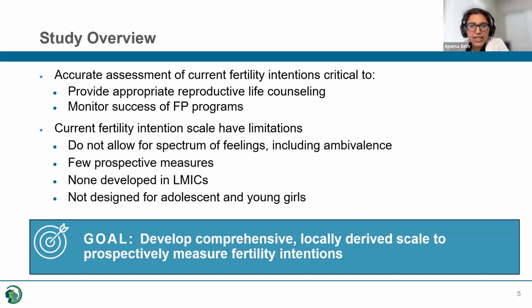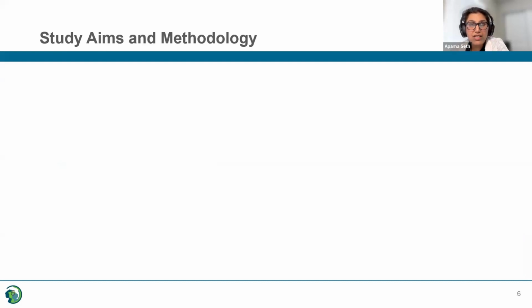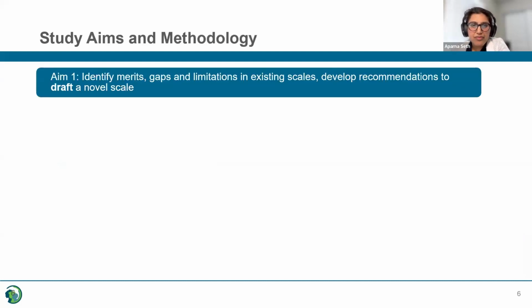So through this study, our main goal is to develop a locally derived, very comprehensive scale so we can measure prospective fertility intentions among women and girls. In this case, we are doing this study in Kenya, specifically looking at that setting.